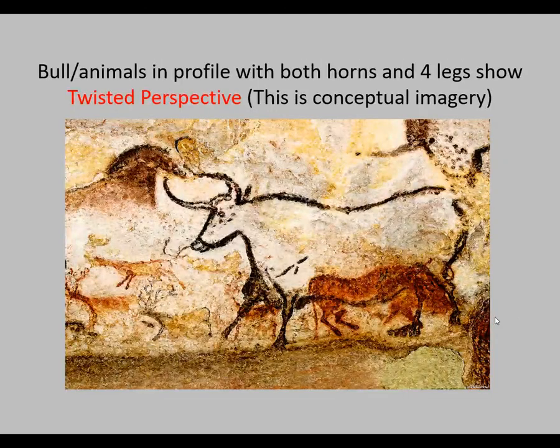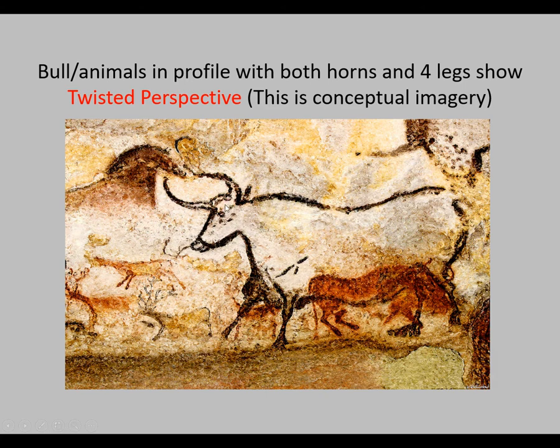But we want to talk about the pose of this bull. What prehistoric man starts doing, and we'll see this in other cultures, is showing the animal in profile, so sideways, always showing four legs. Sometimes if you're standing sideways, or if you look at somebody who's sideways, you don't see their other arm or their other leg. That is not how these are shown.